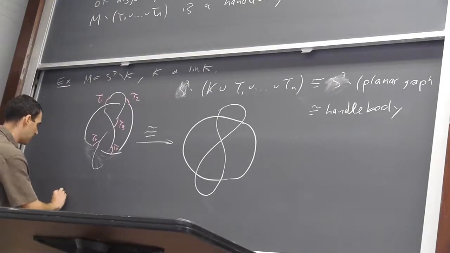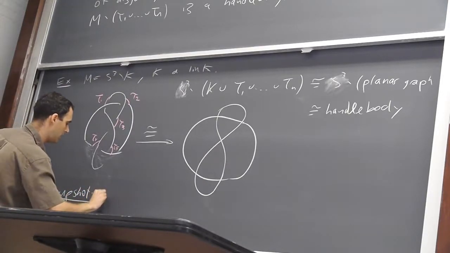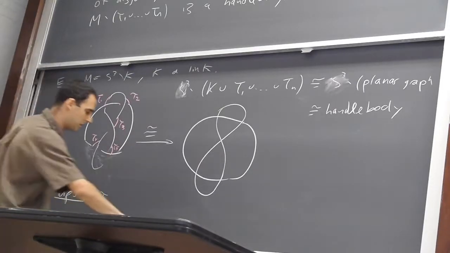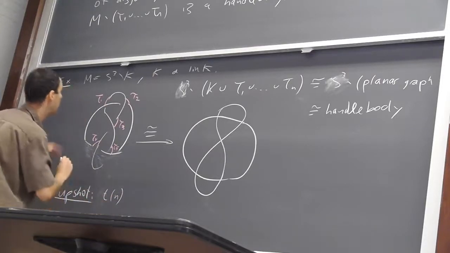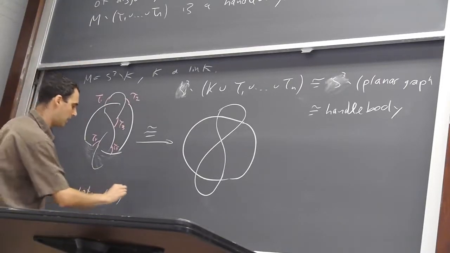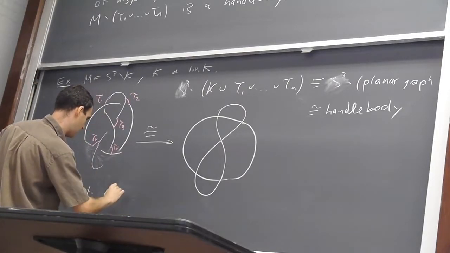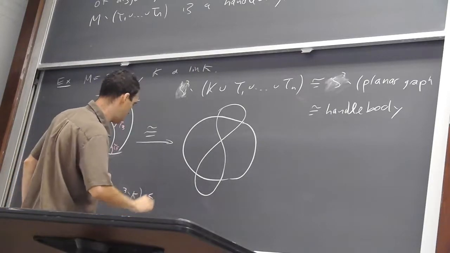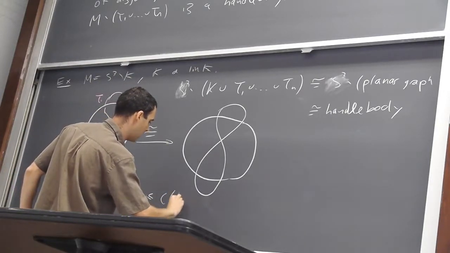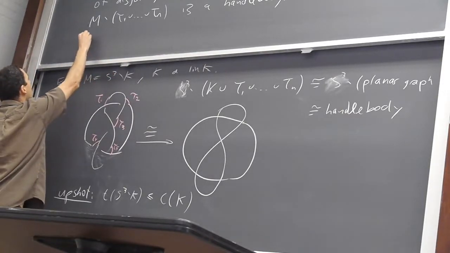So the upshot of this example is that the tunnel number of a link complement, which I'm defining in one moment, the tunnel number of S3 minus K, is less than or equal to the crossing number of K. So let me add something to the definition.